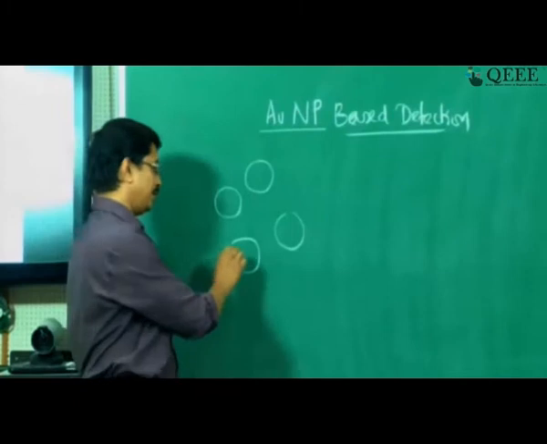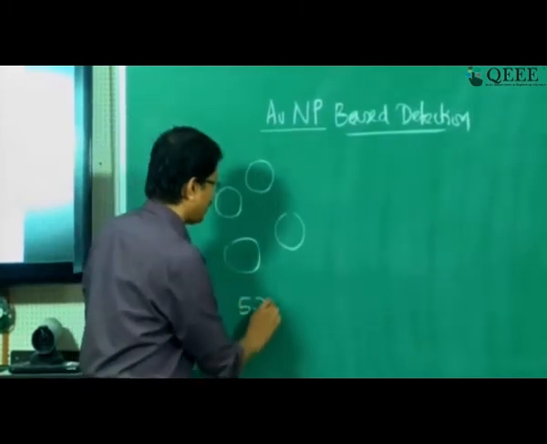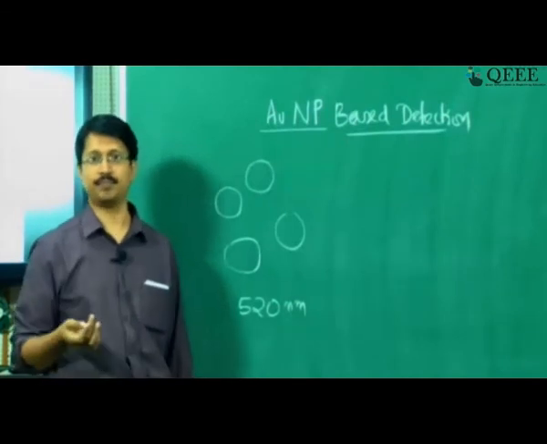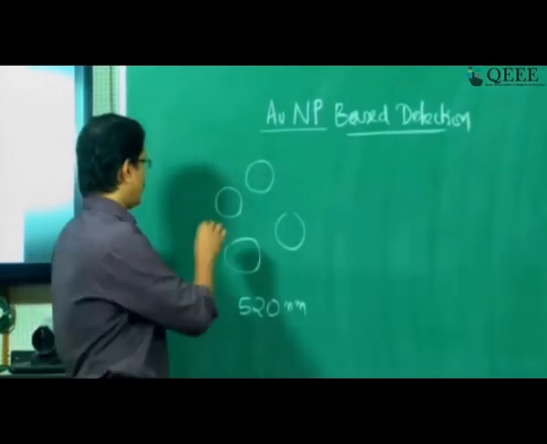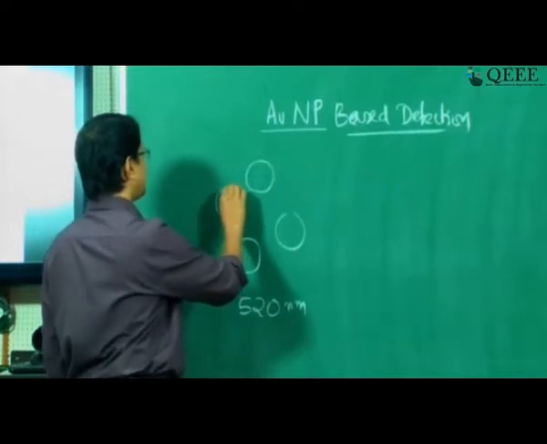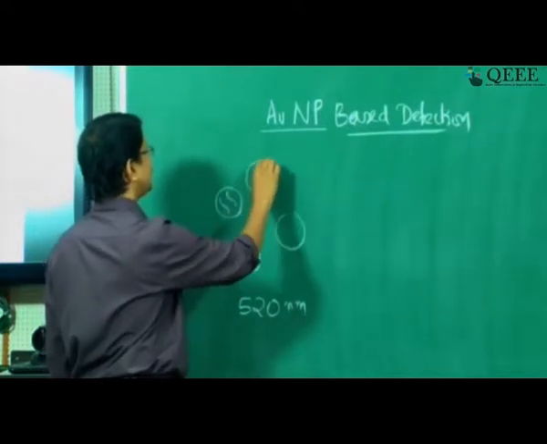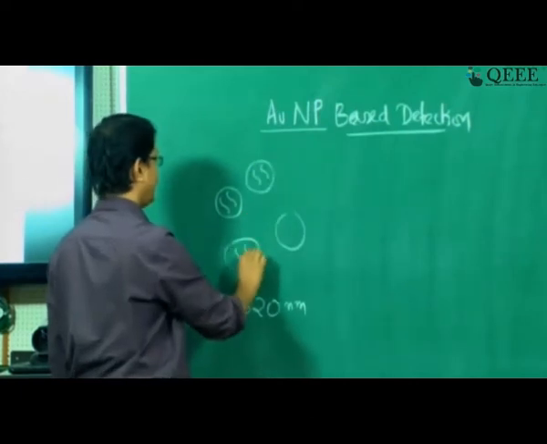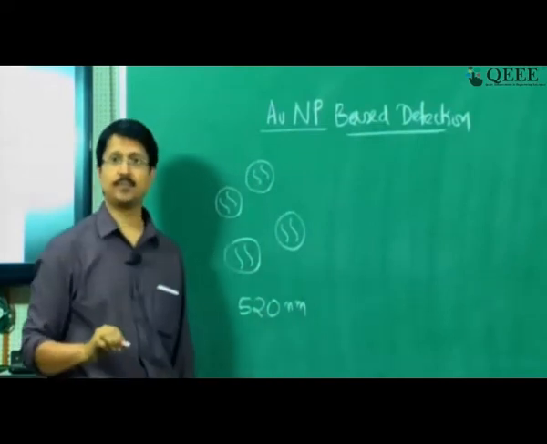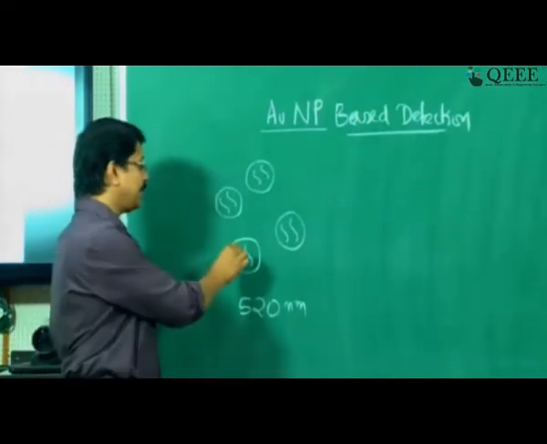So this absorbs at a wavelength of 520 nanometer in the visible region, right. So what they did is they use a single strand DNA. So DNA is usually double strand, but they have selected single strand.